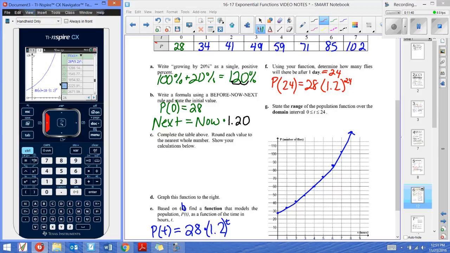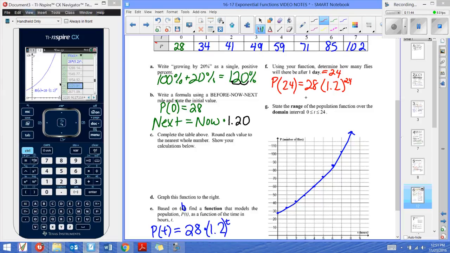After 24 hours, this question hasn't been written correctly because we should talk about some type of rounding, but here I am going to round to the nearest fly, so that would be 2,226 flies.